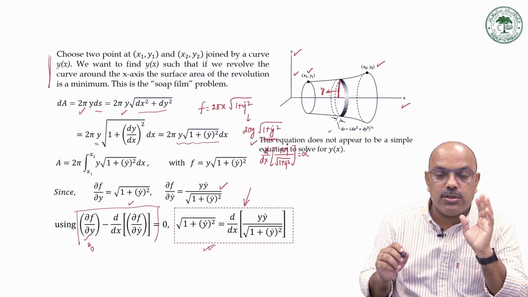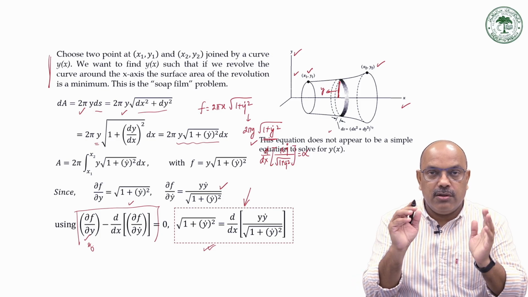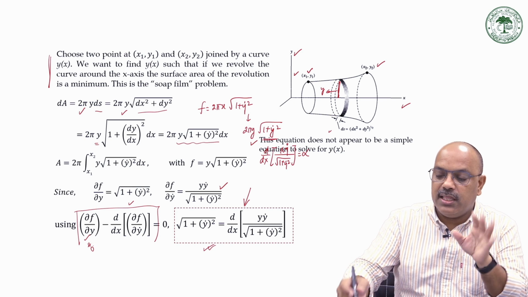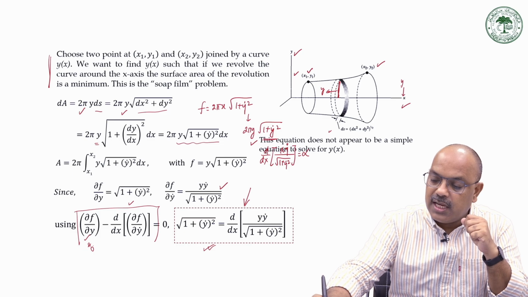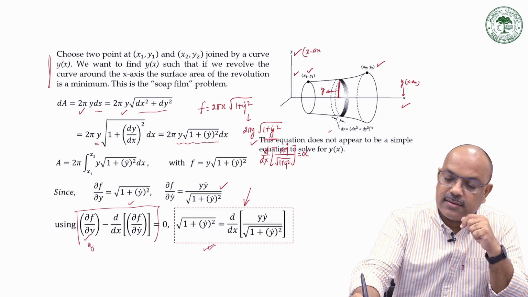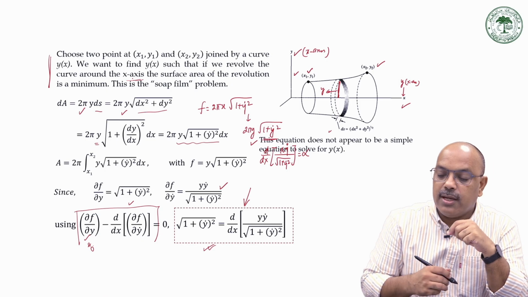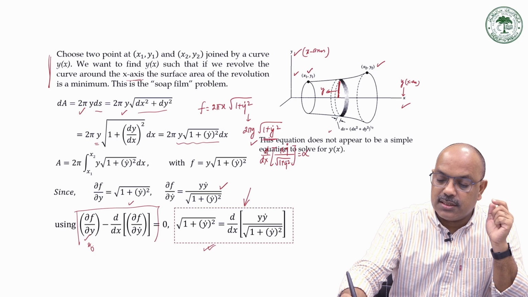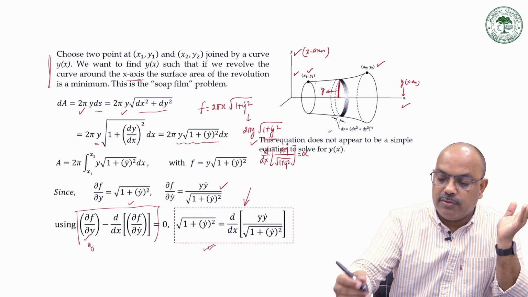So while you are creating your problem to solve, creating your visualization, you should try to choose the axis such that, for example, in this case, if you had chosen this as the y-axis and this as the x-axis, then if you revolve the curve around the x-axis, this becomes your x. So you see, you are going to get the same problem there.